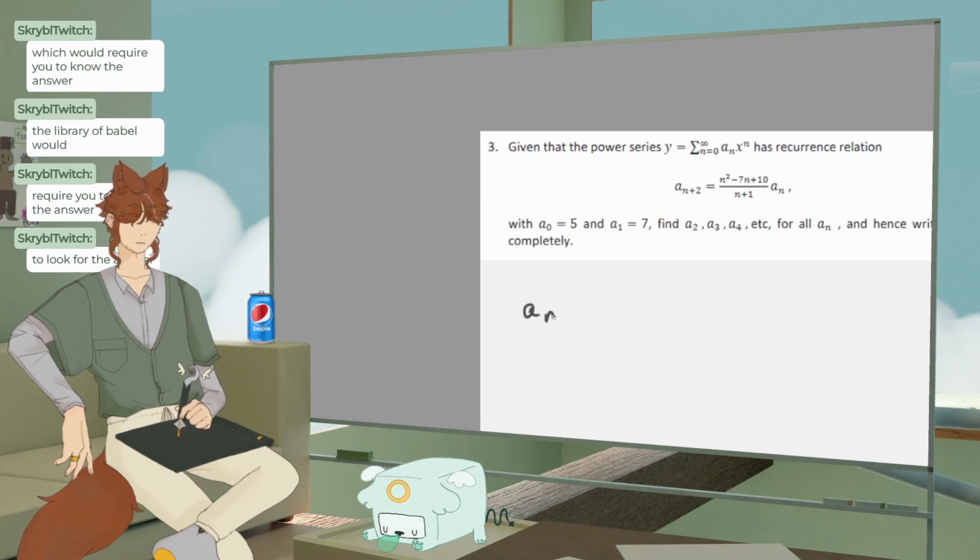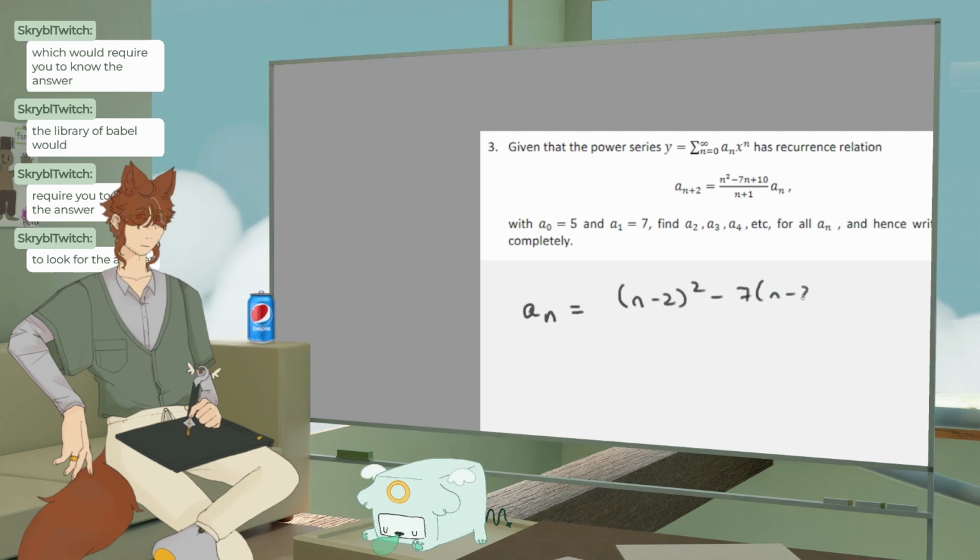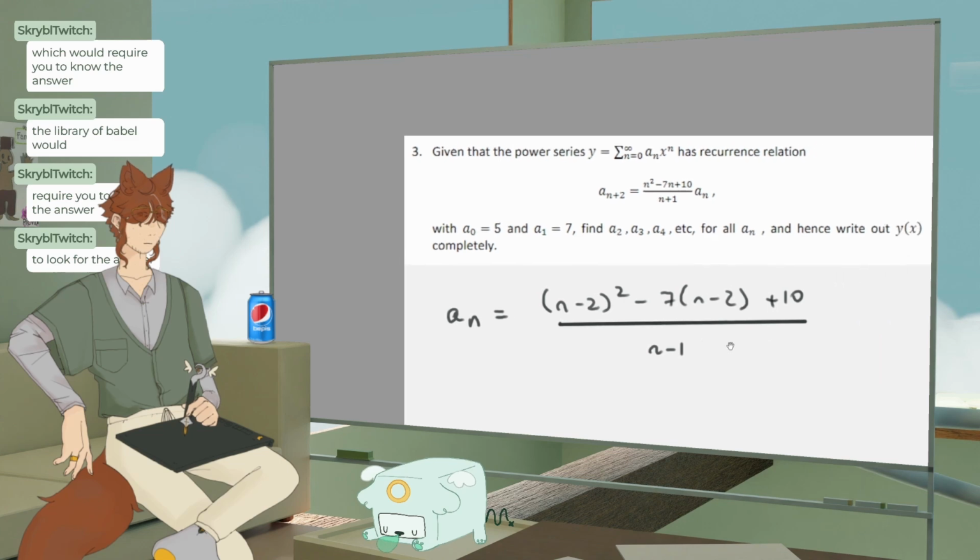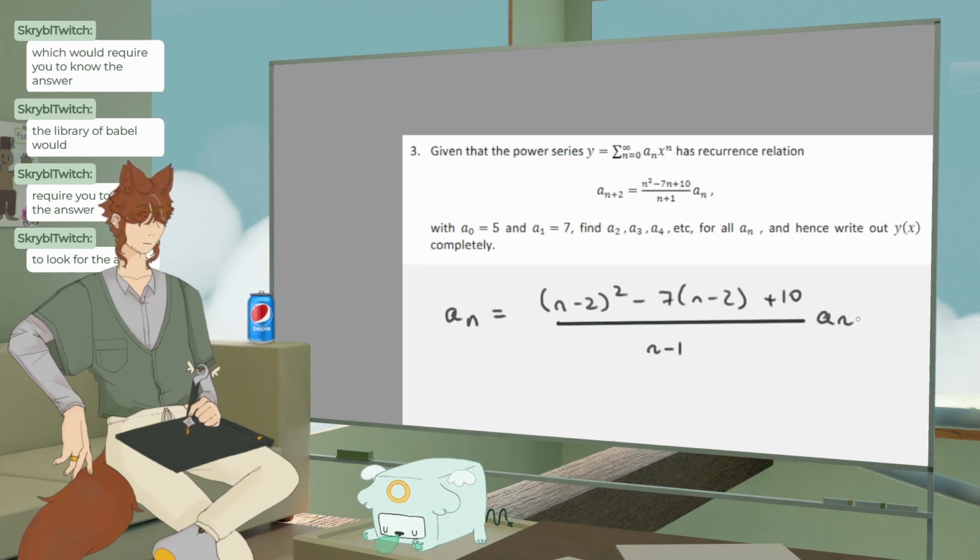Let's just start by re-indexing it. And just for my peace of mind, n minus 2 plus 1 is n minus 1. Actually going to do this, because I think I kept forgetting this term when I did this before.